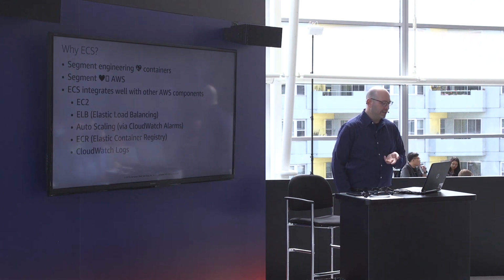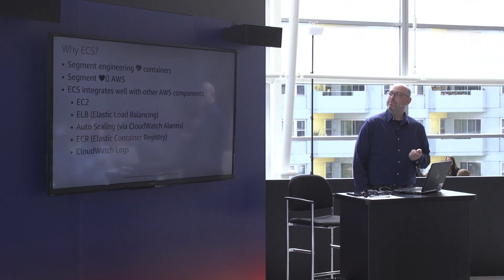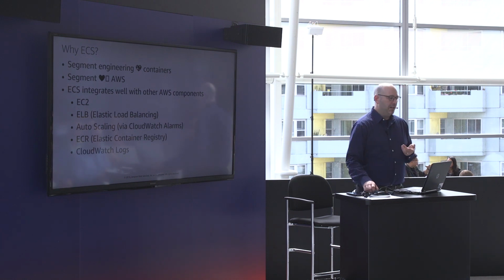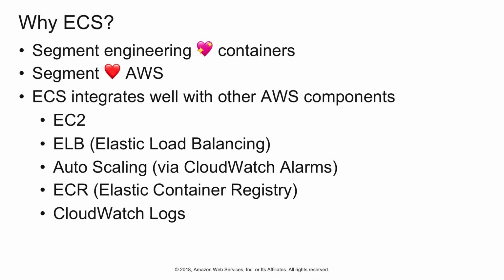Segment is a big fan of AWS. We've been using AWS for many years. We have many instances in production. We use many of the data services there, and we find that ECS integrates very well with other AWS components in their portfolio.